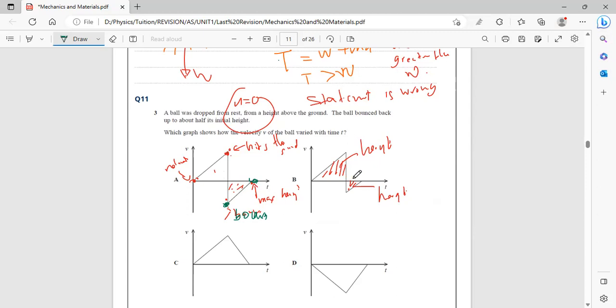It's like 1/3. So that's why B is wrong, right? So A seems to be the closest answer, not B. And this part of the graph, area under the graph gives the height.